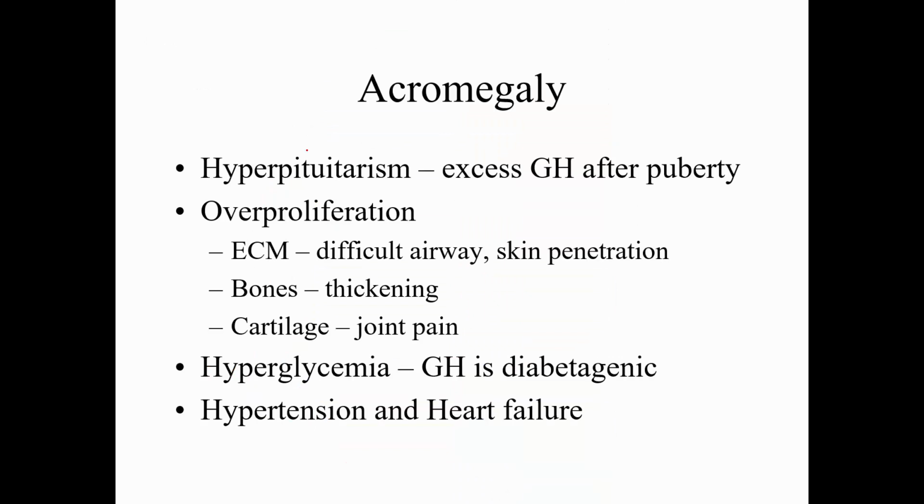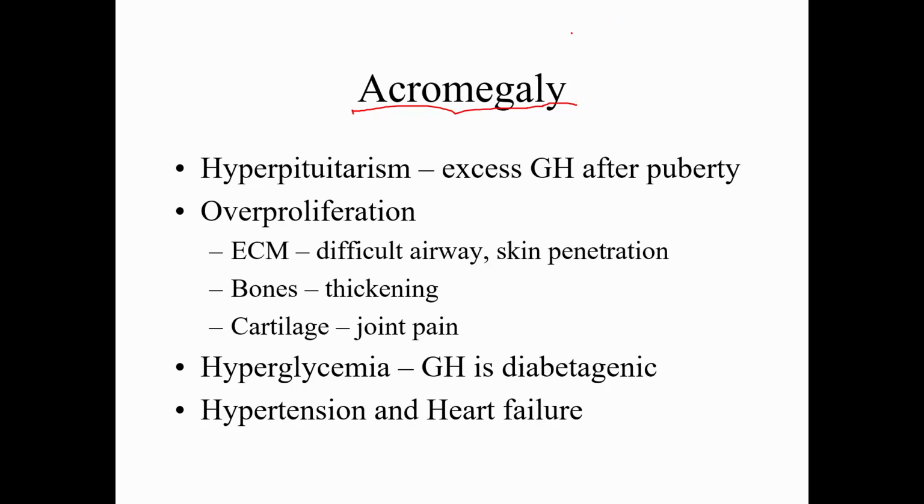So, there is a condition where a pituitary adenoma in the anterior pituitary causes excess growth hormone and hyperpituitarism. If we are talking about an adult, we're talking about a condition called acromegaly.